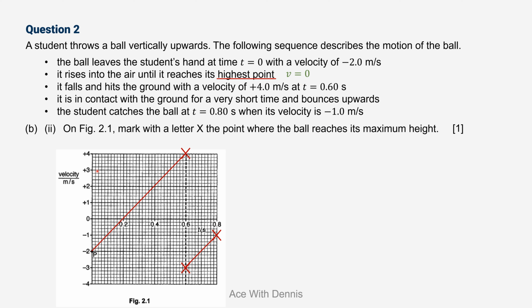From this diagram, we actually skipped this point and moved on to the next point. When the time is 0.60 seconds, the velocity is positive 4.0 meters per second. I mark this point and join point P with this point. Now we can clearly see that when the time is 0.2 seconds, the velocity is 0. Hence, we can mark this point as point X.